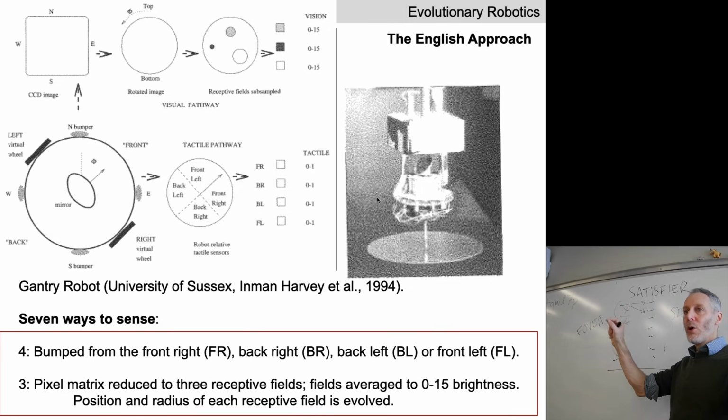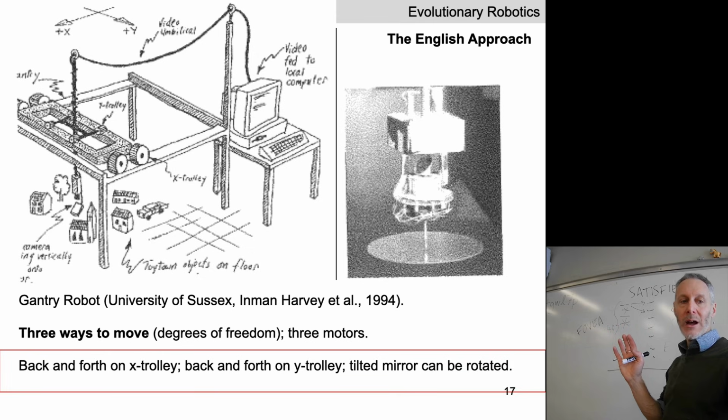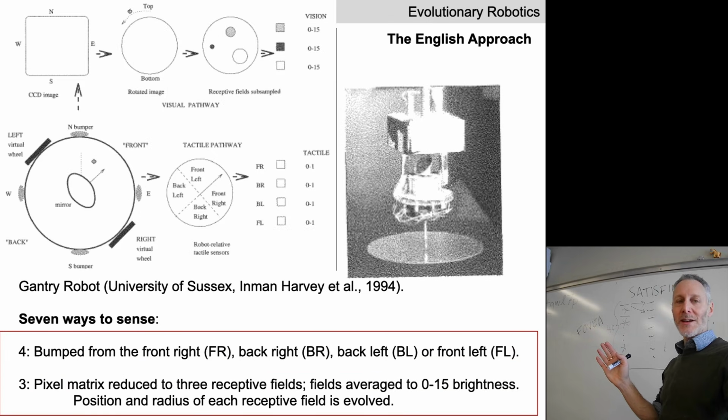They don't control the motor that spins the mirror. They're just using that motor to help give the 360-degree view around the robot. So the neural network driving the gantry robot is only going to control the motion of the X trolley and the Y trolley. Okay, very odd robot. Any questions about any of that?